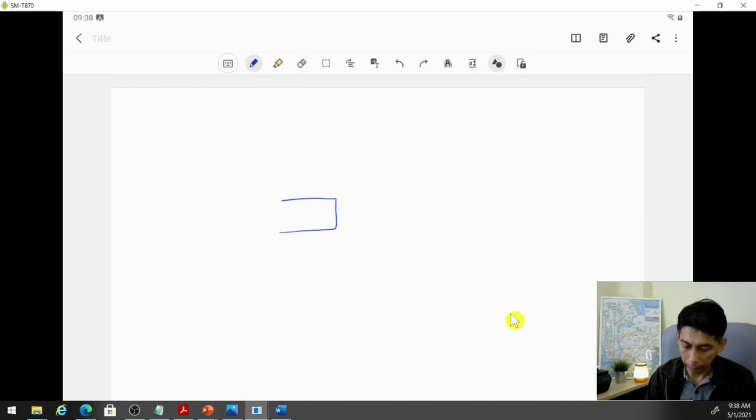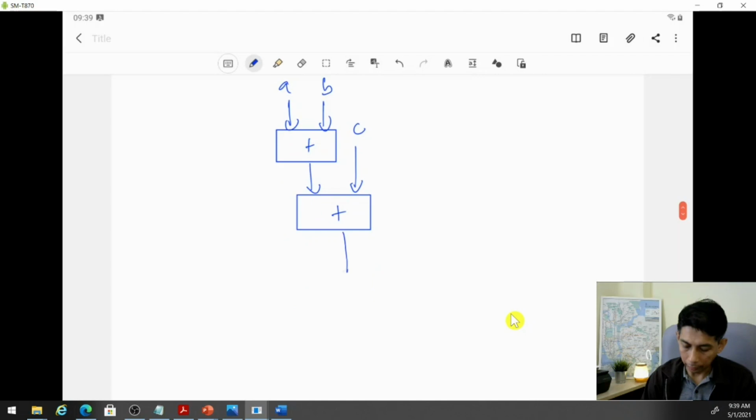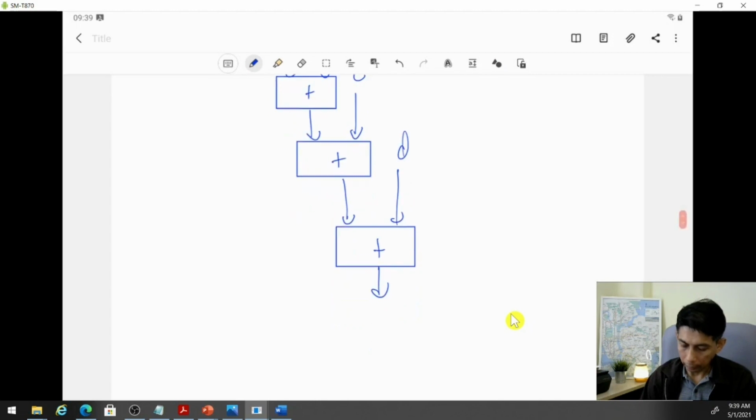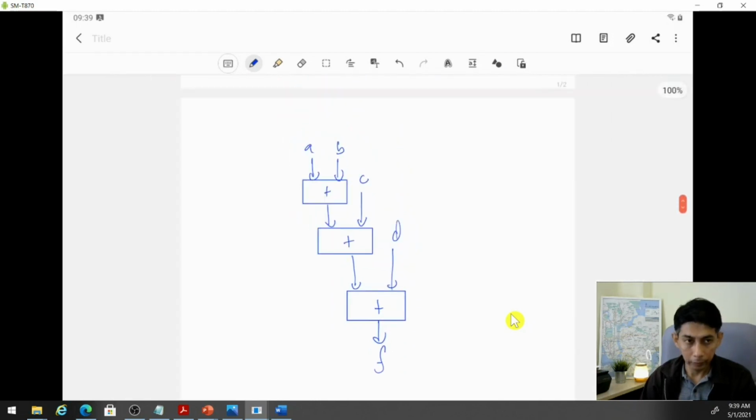For example, this is your design. So you can have A, B, and the output here, you have another adder, and the output here, you have another adder, then you have F, right?